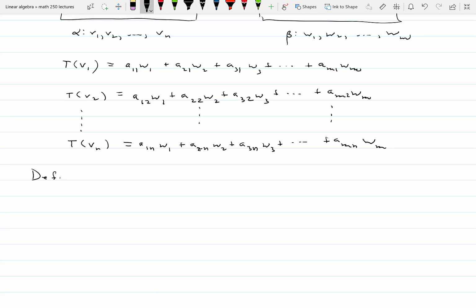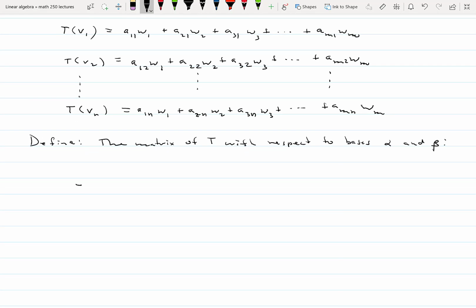So define the matrix of T with respect to bases alpha and beta. And that's going to be symbolically bracket T subscript alpha superscript beta.